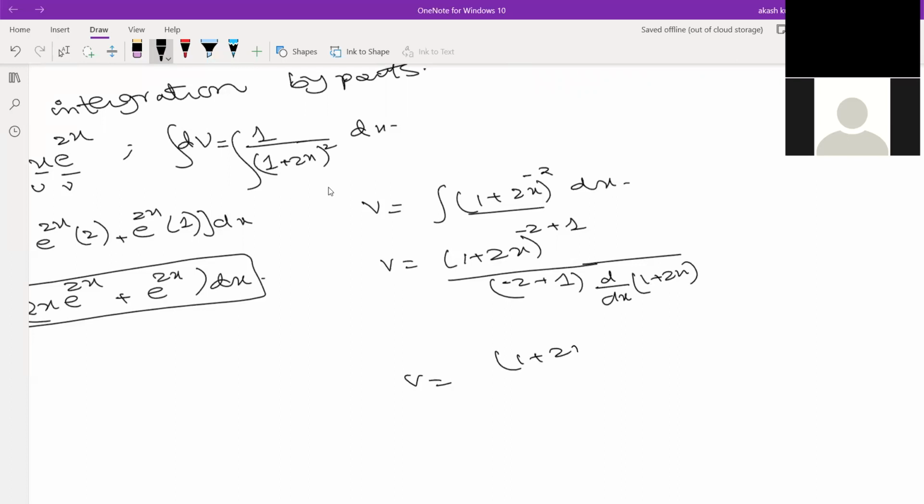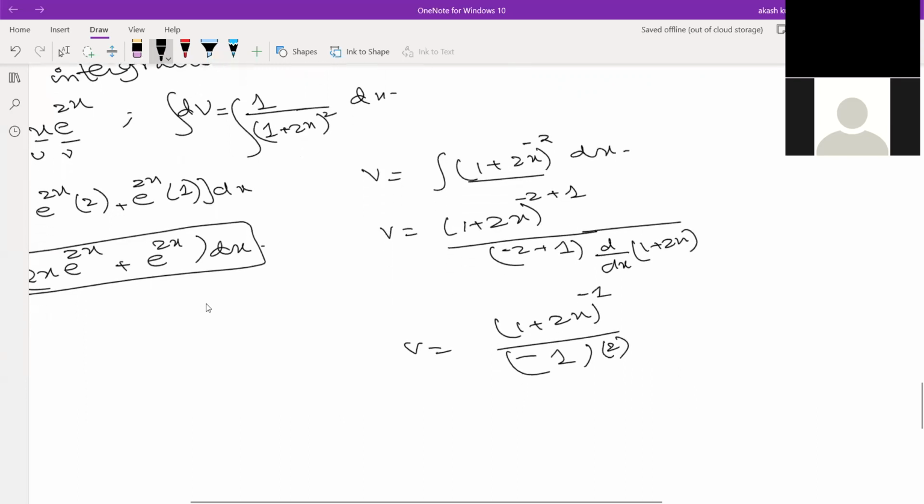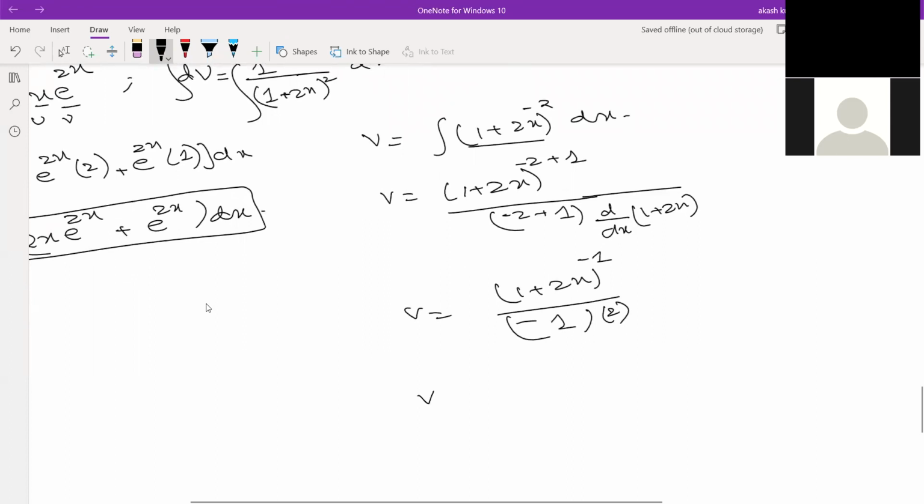So it will become 1 plus 2x to the minus 1 divided by minus 1, and it is 2 only. Is it clear? Yes. So v will become minus 1 over 2, 1 plus 2x. I just simplified it. Minus 1 was a negative power in the numerator, so I brought it down to the denominator to make it a positive power, and it is minus half.